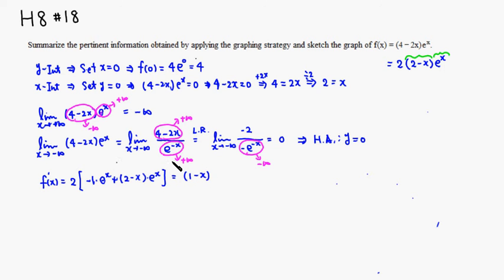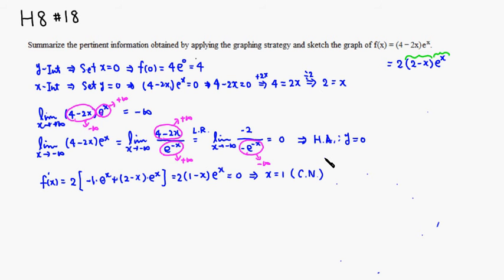Remember that there's a 2 in front, and you have e to the x. So this is the derivative, and we set that equal to 0. e to the x is never 0, so the only way we can make it 0 is if 1 minus x is 0, so x equals 1. So this is our critical number.